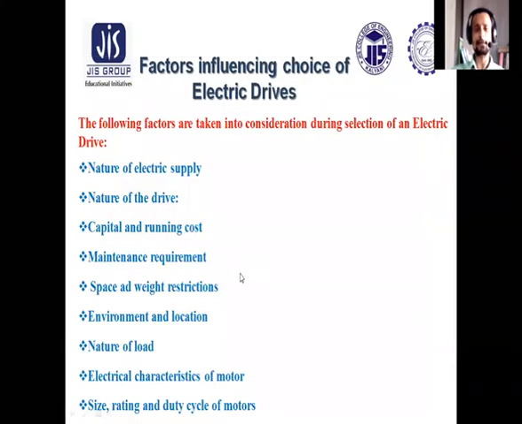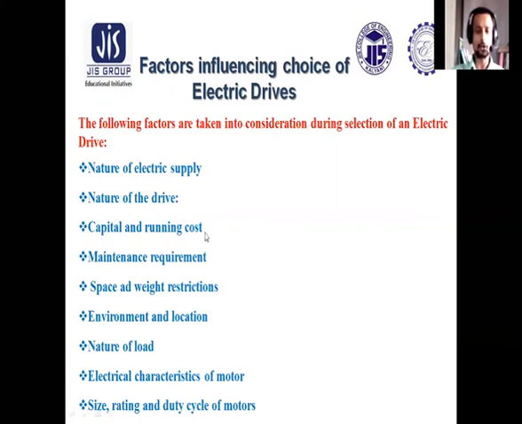Now, what are the factors influencing the choice of electric drives? Nature of electric supply, whether DC or AC is available to us. Nature of the drive, whether a DC motor or AC motor is to be driven.